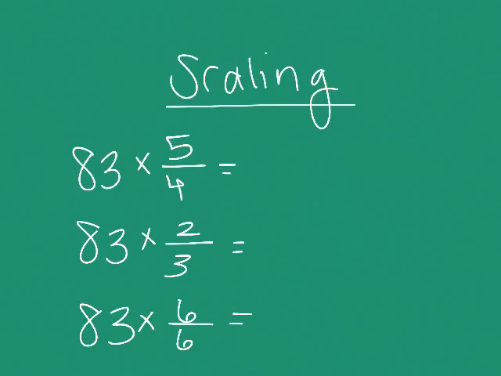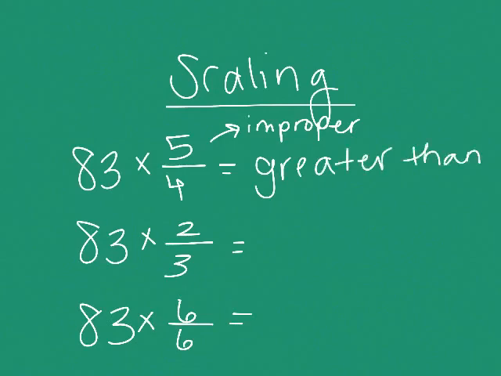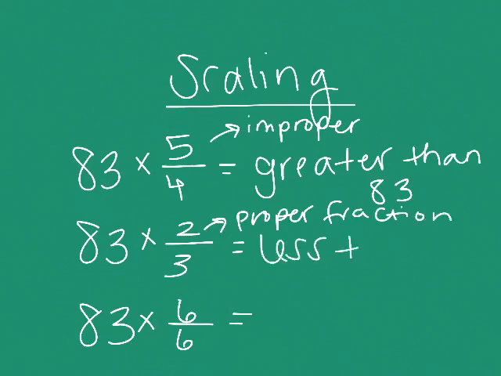But whenever we multiply a whole number, like 83, by an improper fraction, we automatically know that our answer is going to be greater than 83. If we multiply a whole number by a proper fraction, our answer will be less than 83.